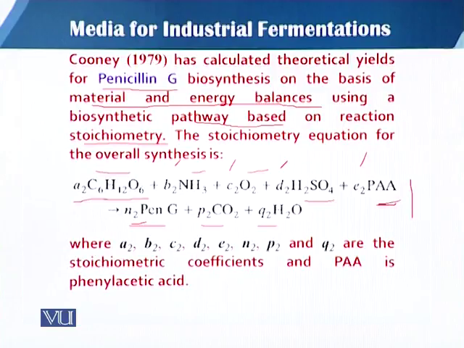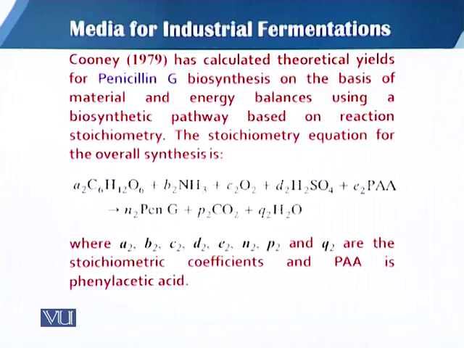This is basically the medium, and it leads to the production of penicillin G, and the release of carbon dioxide and water. So, if we know the stoichiometric coefficients, then we can hypothetically calculate the yield of penicillin by this equation.